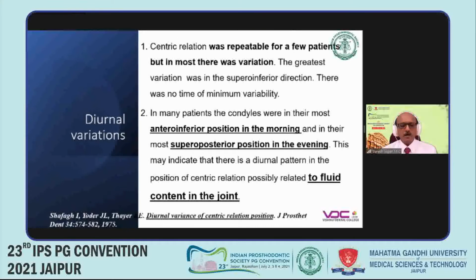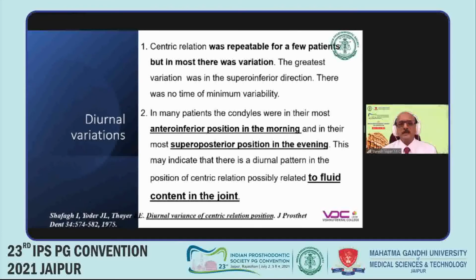Now, this study from Shafag demonstrated that when we are recording the centric relation, we have to be aware of the diurnal variations. Because of the circadian cycle, in the morning it may be slightly different, in the evening it may be slightly different, because of the fluid content in the joint.